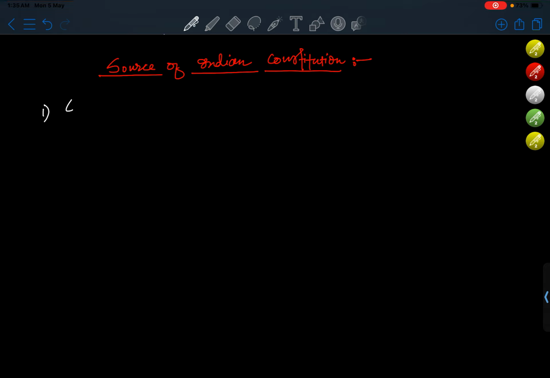The first source is the Government of India Act 1935. This is the most important source. This is also called the blueprint of our constitution. From this Government of India Act 1935, a few things have been taken into our present constitution. What are those?